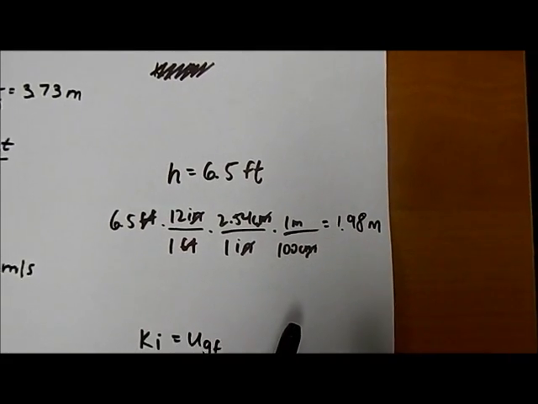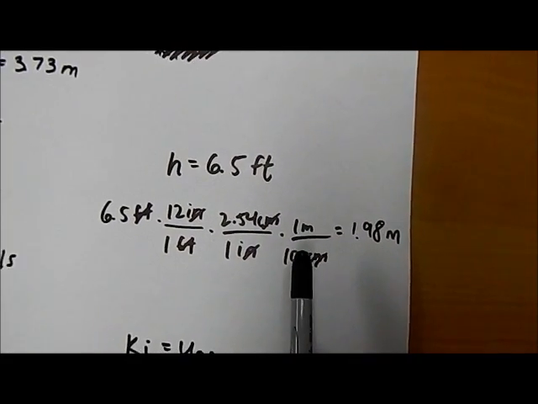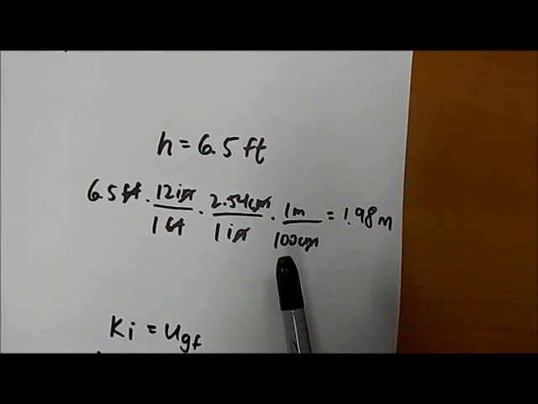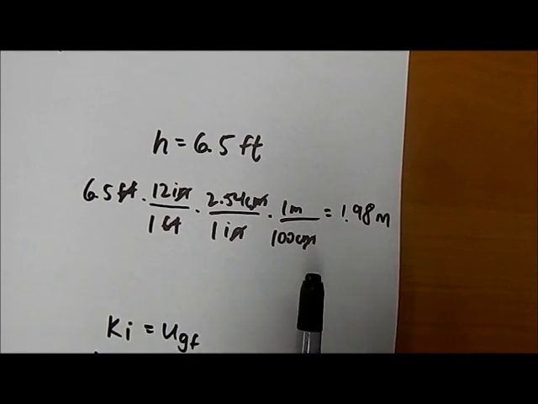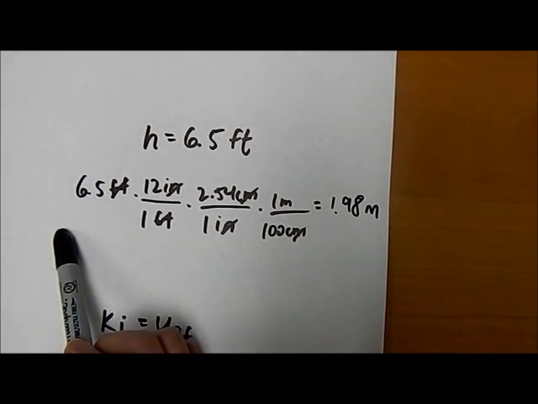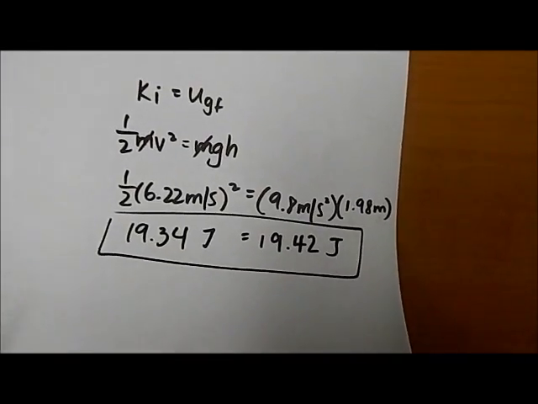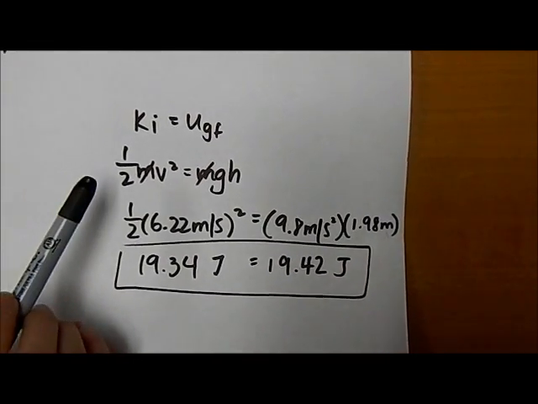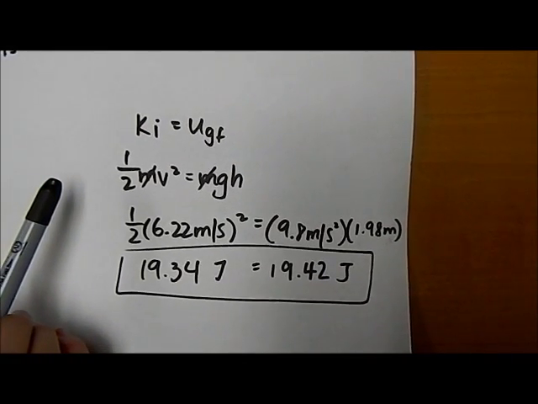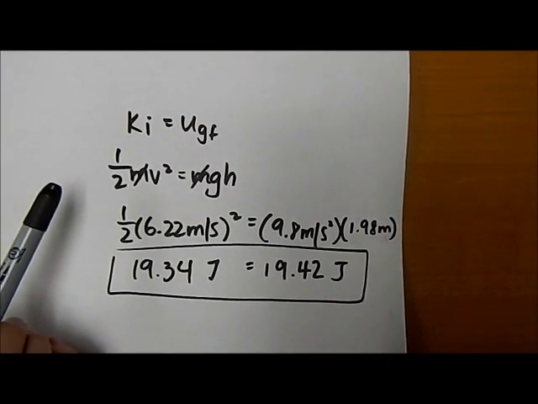After that, we also measured the distance from his hand to the ground right before he jumped, which was 6.5 feet, and then we converted that to meters, so it's 1.98 meters. Using the bar chart, we came up with the equation: initial kinetic energy is transformed to final gravitational potential energy.